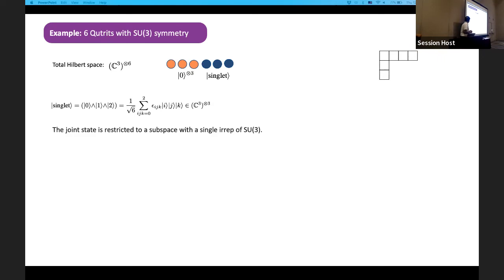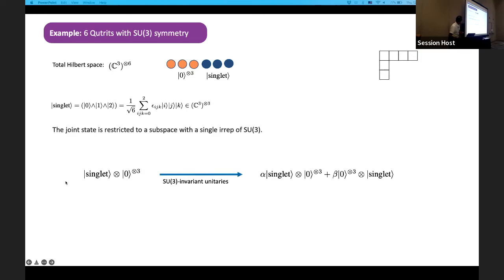So this state is restricted to a subspace with only one single irrep of SU(3), that is denoted by that Young diagram. And for this state, it's easy to see that with a general SU(3) invariant unitary, you can map this state to any superposition in the form of alpha singlet tensor 0 tensor 3 plus beta 0 tensor 3 tensor singlet. Basically, this is a superposition of the original state and the state that is obtained by swapping the first 3 qutrits with the second 3 qutrits.